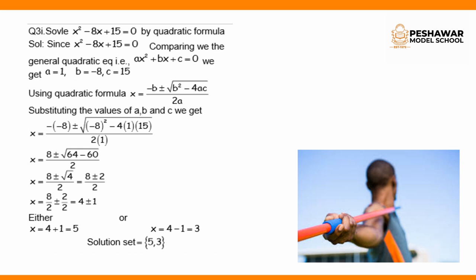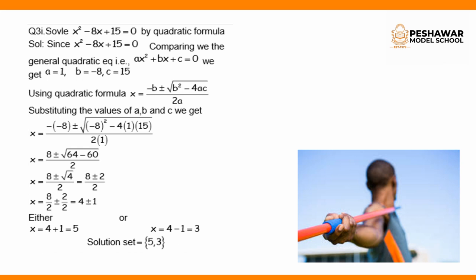So using the quadratic formula, x is equal to minus b plus minus square root b square minus 4ac divided by 2a, putting the values, we have minus into minus 8 plus minus square root of minus 8 whole square minus 4 into 1 into 15 divided by 2, and in place of a we put the value 1. So inside we will have plus 8 plus minus square root, minus 8 whole square is 64 and 4 into 15 is 60.